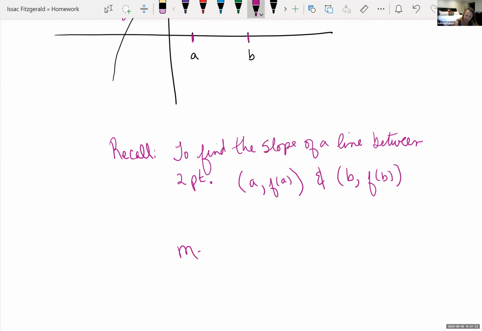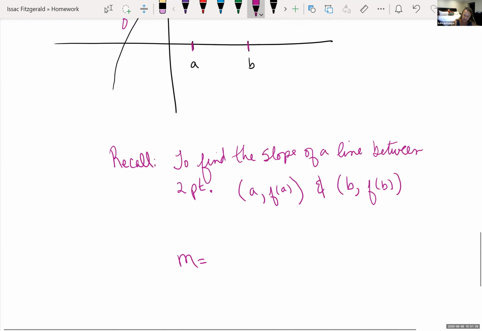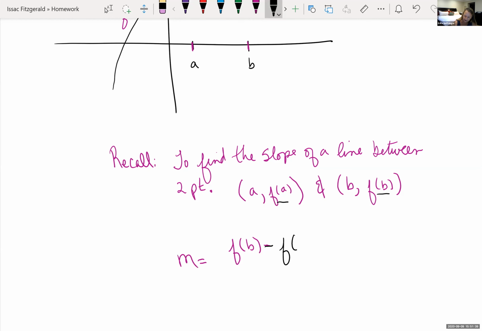We're looking at the change in our y value. Well, the change in our y value is f of b minus f of a, all over a minus b.